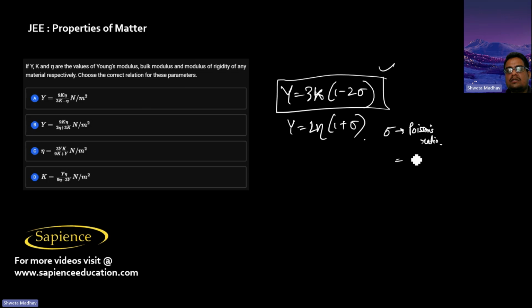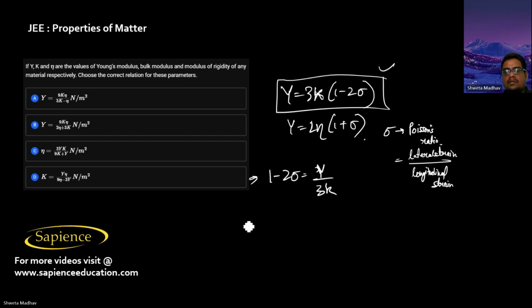It is the ratio of the lateral strain to the longitudinal strain. So now from here you can see 1 minus 2 sigma is equal to y by 3k, and 1 plus sigma is equal to y by 2 eta.